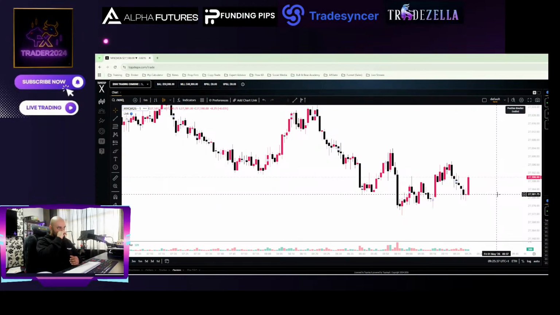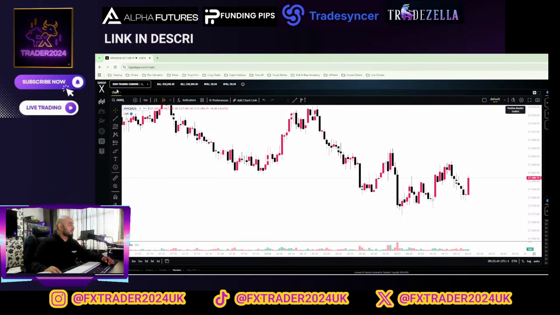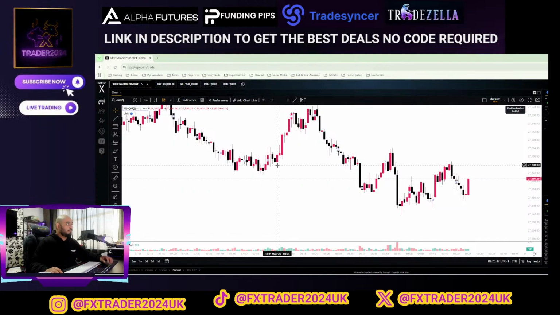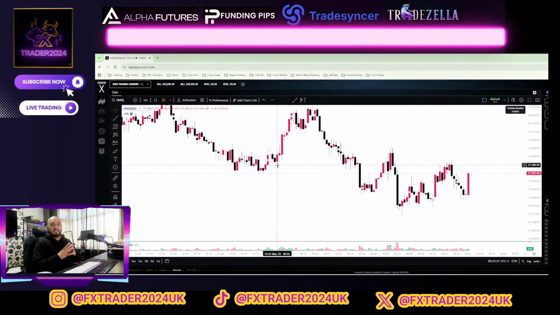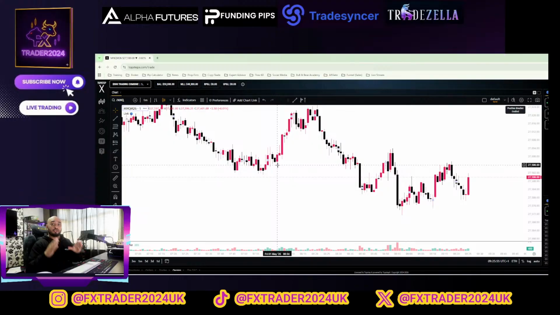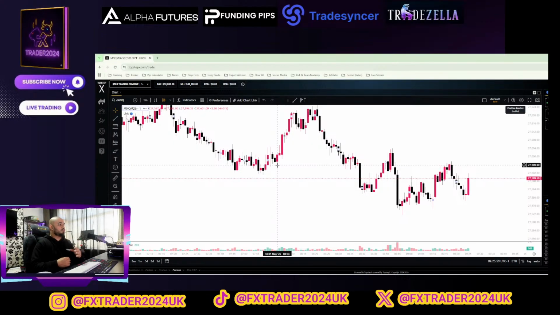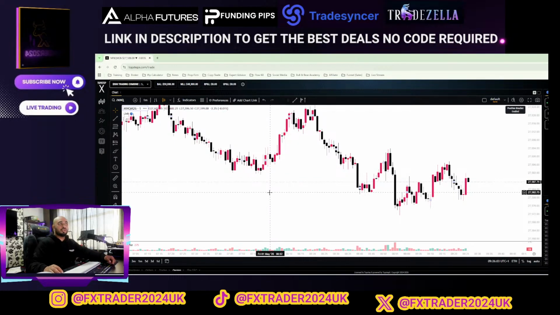You can't just have an automatic one, because I've set an automatic one up, but I don't like that. I love the Project X platform, but I still think, not Tradovate platform itself, but trading on TradingView via a broker or Tradovate or any other company that lets you trade on TradingView, you just can't beat it.